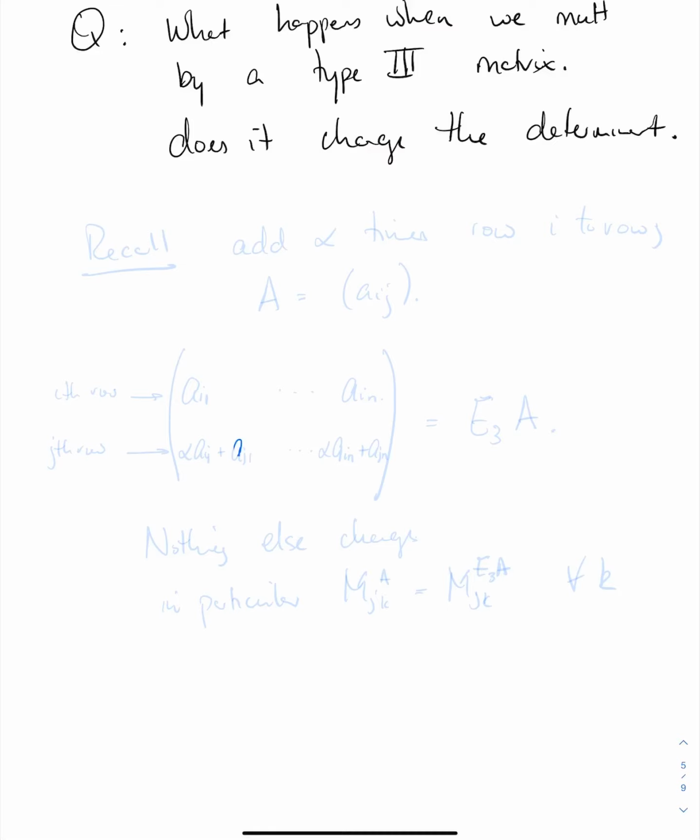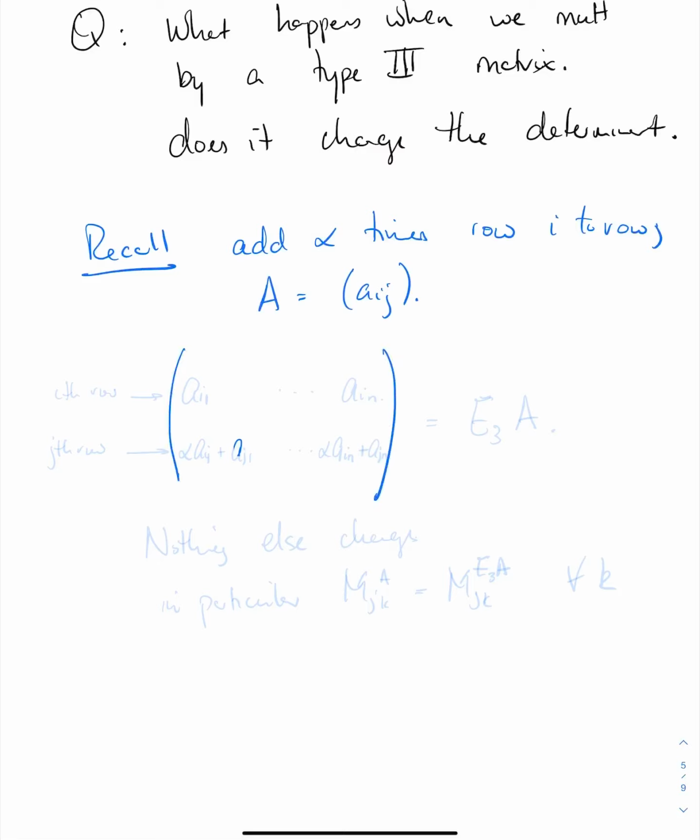For this, I just want you to recall that when we add alpha times row i to row j, where A is the matrix a_ij, then what we get is a matrix that looks like this.